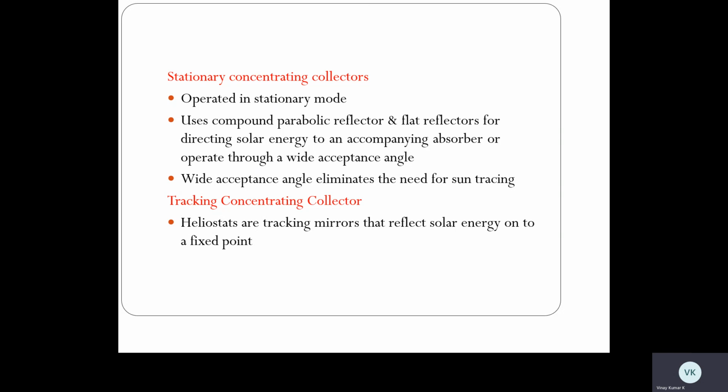The next thing is tracking concentrating collectors. Here it includes heliostats or tracking mirrors. Just as I gave the example of the sunflower, these kind of things are also made to track the solar directions, the sun's direction. So that's why they are normally made up of heliostats, and these are tracking mirrors that reflect the solar energy onto a fixed point.